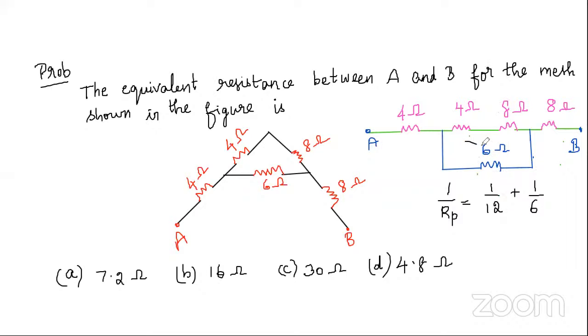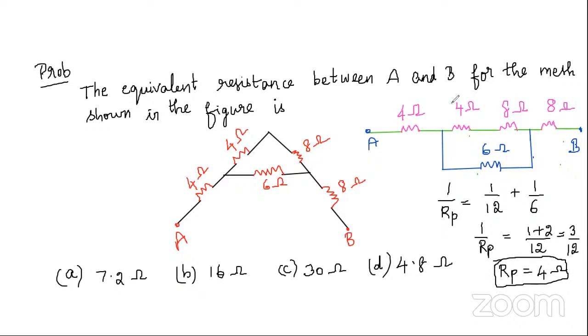So I have to complete this branch first. So 1 by Rp equal to 1 by 12 plus 1 by 6. So 1 by Rp is now equal to 1 plus 2, that is 3 by 12. So Rp is equal to 12 by 3, that is 4 ohm.